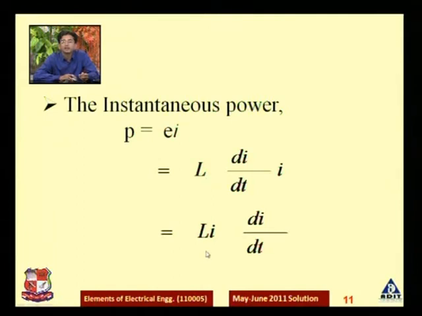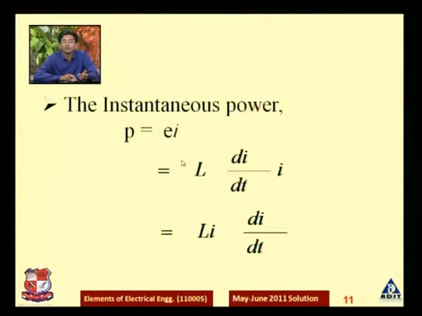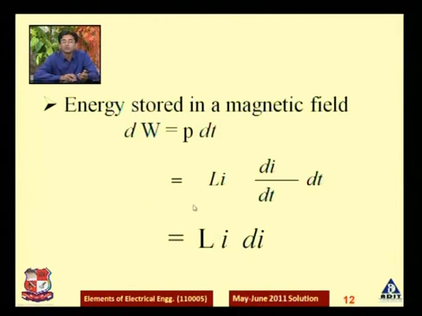Now to find the energy stored in the magnetic field, I have to see how much work is done. So dW is equal to P into dt. What is P? P is the power. We have already written the equation L i into di by dt. Putting the value in this equation, this dt and this dt get cancelled. So the energy stored in the magnetic field is nothing but L into i into di, right?